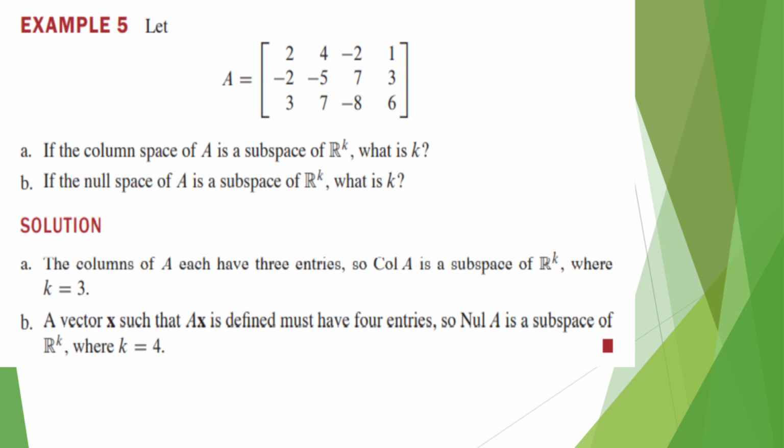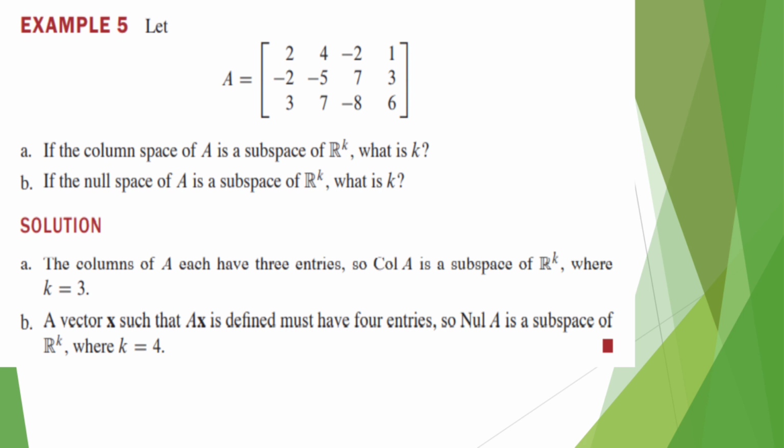Next problem. A is given as 2, 4, minus 2, 1; minus 2, minus 5, 7, 3; and so on. If the column space of A is a subspace of R to the power k, what is k? Second, if the null space of A is a subspace of R to the power k, what is k?